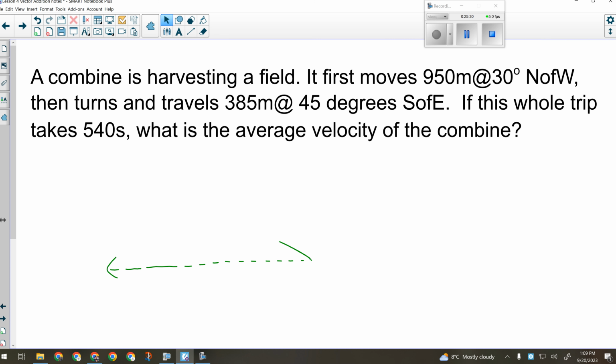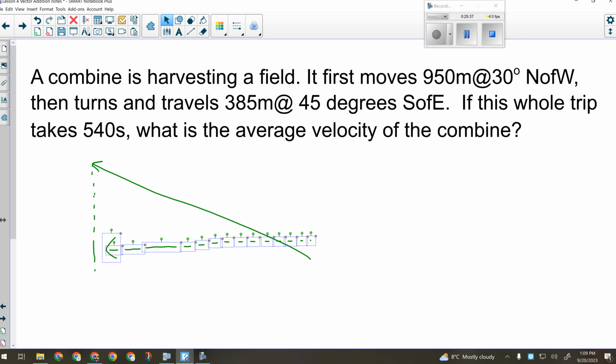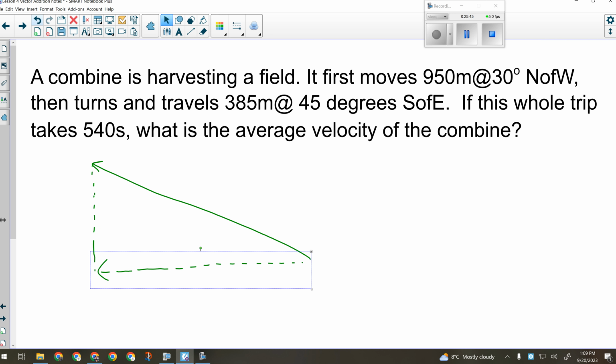So this is going to be 30 degrees, this is going to be 950 meters, this will be y, and this will be x.